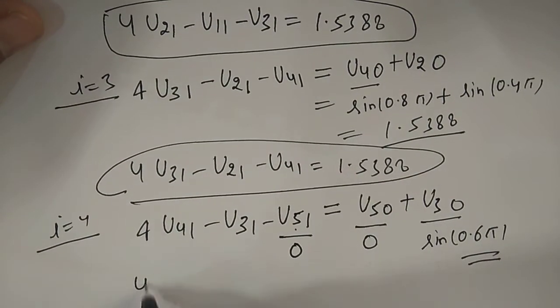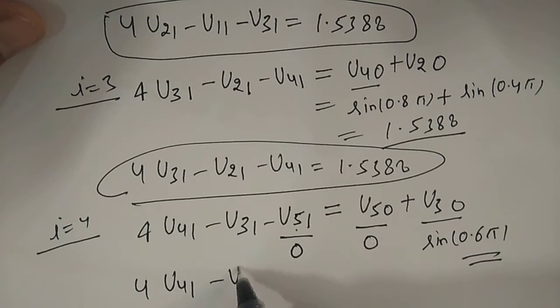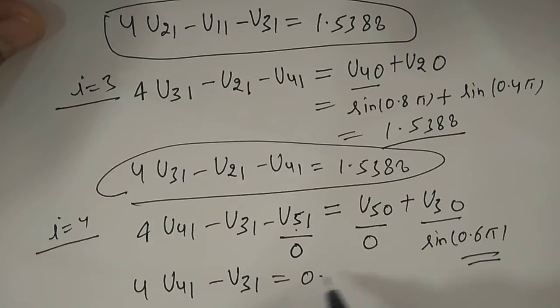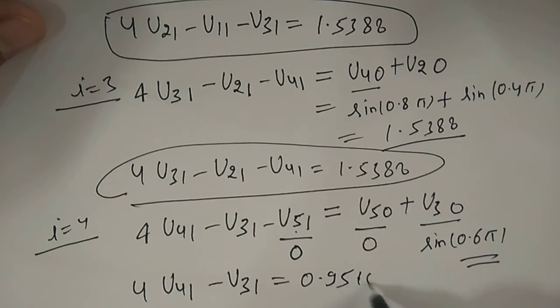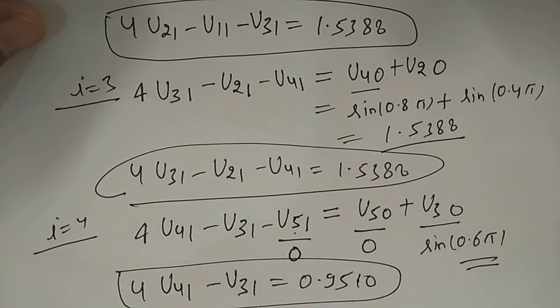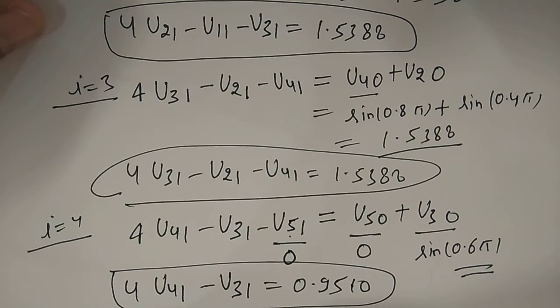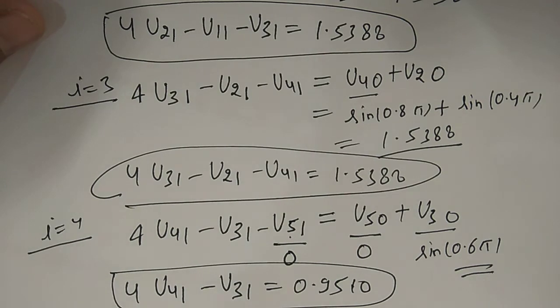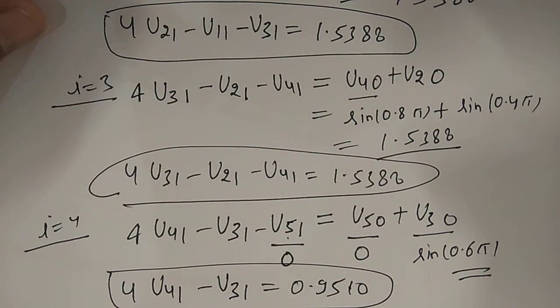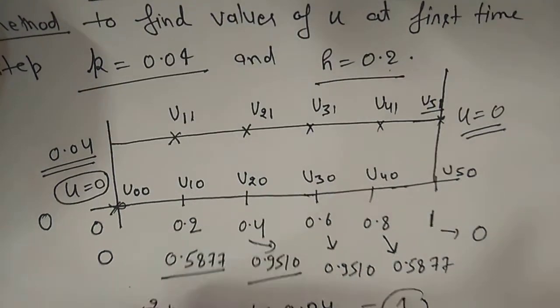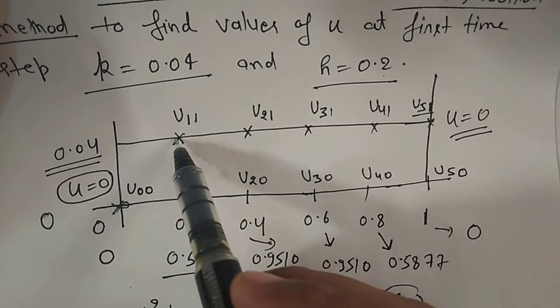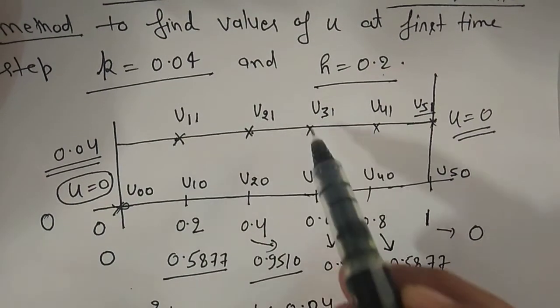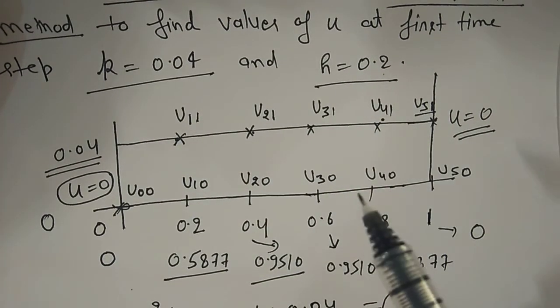So the equation is 4 u41 minus u31 equal to 0.9510. So this is your fourth equation. Now we got 4 equations for these 4 unknowns.